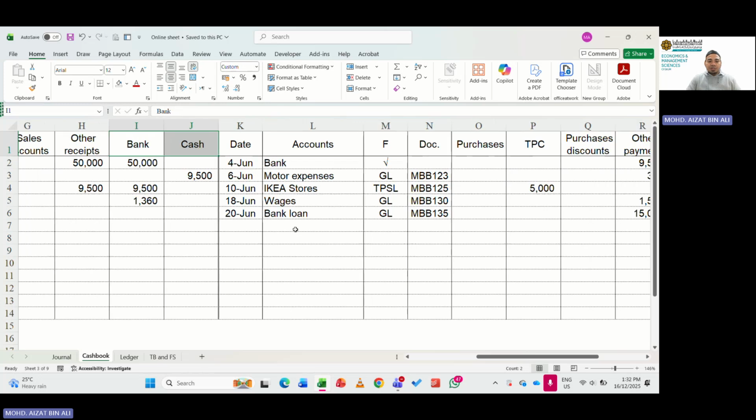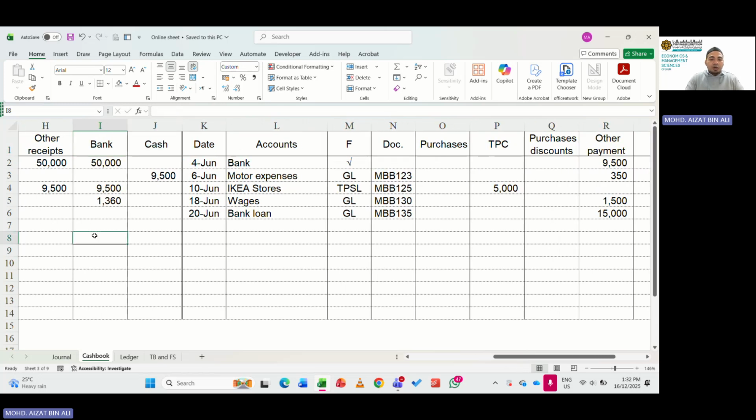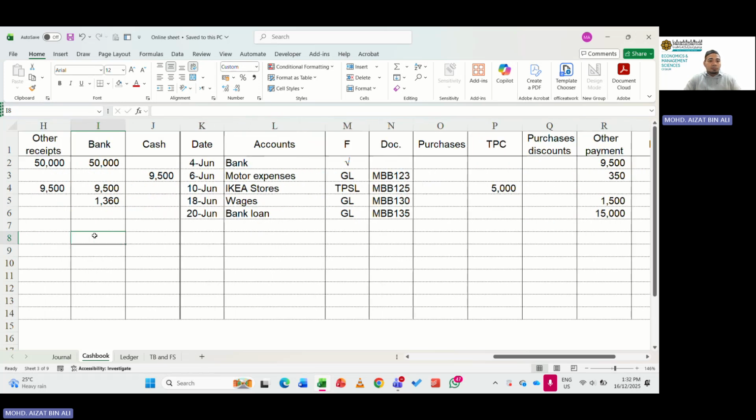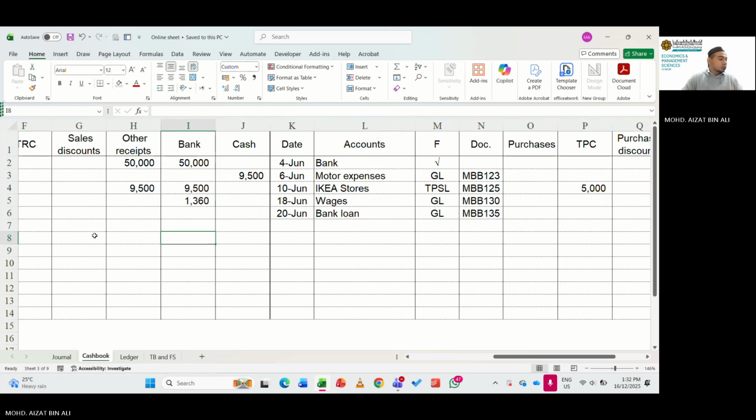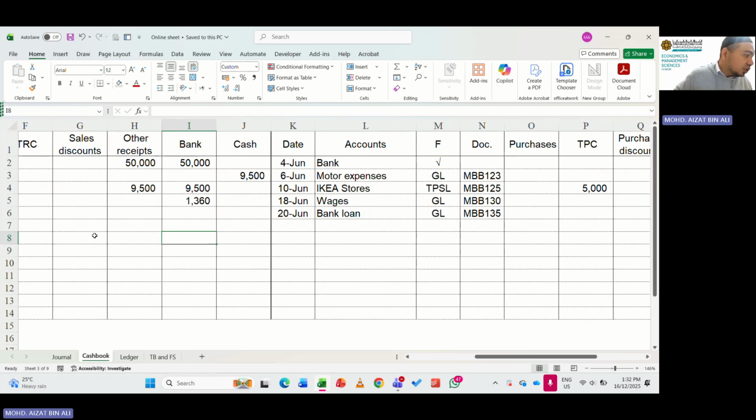Pay attention to the steps. Firstly, because this is the cash book, the normal balance for bank and cash account would be on the debit side. Most of the time, under normal circumstances, the debit for bank and cash would have a larger amount, right? So in this case, wait, we don't have any cash account, is it?